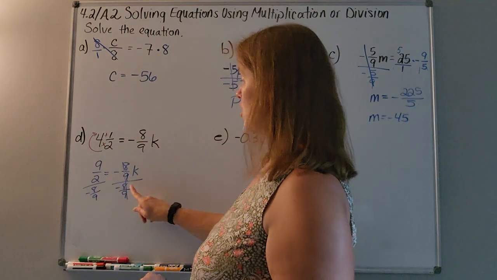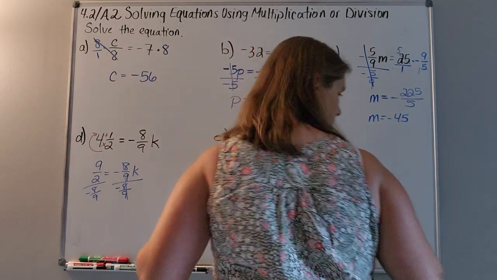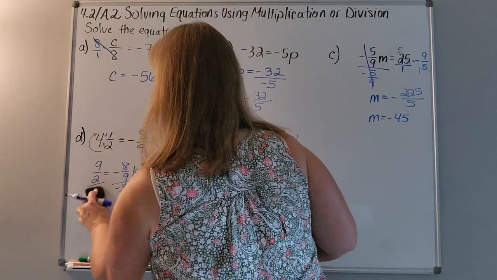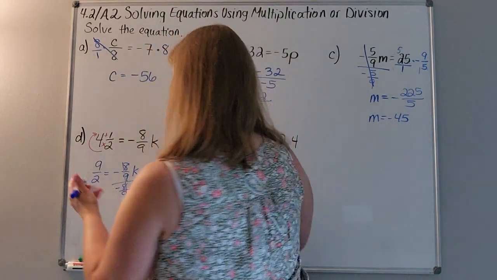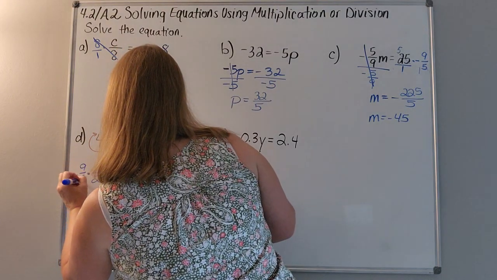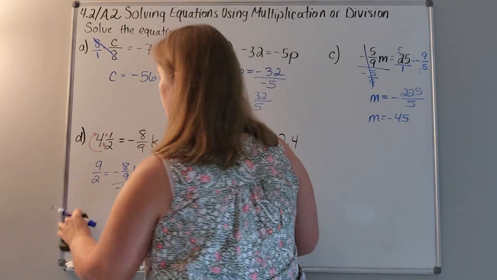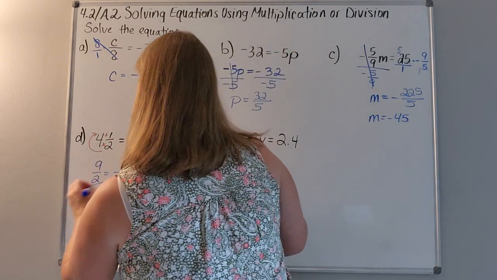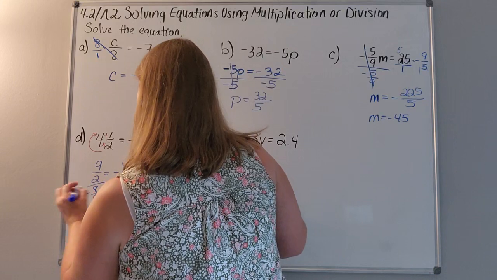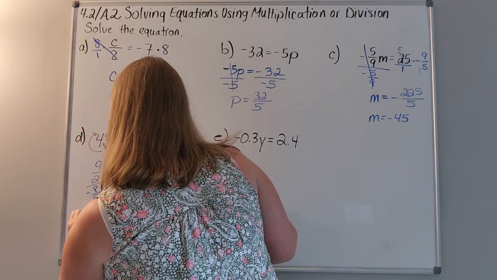Flip whatever you divided by on the side with the variable. If you need to write 2 steps, then write 2 steps. So I've got -9/8 that I'm multiplying by. In fact, let's do that, at least for this example, so you see what we're doing here. -8/9, so I'm going to multiply 9/2 times -9/8.